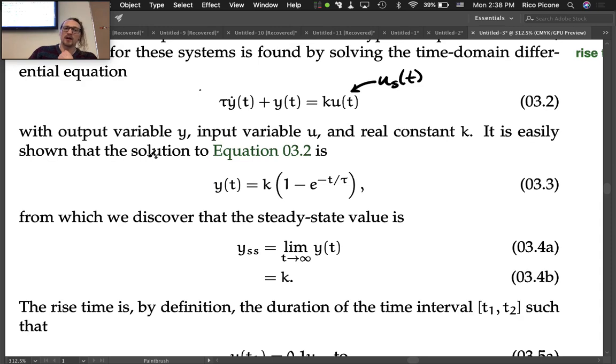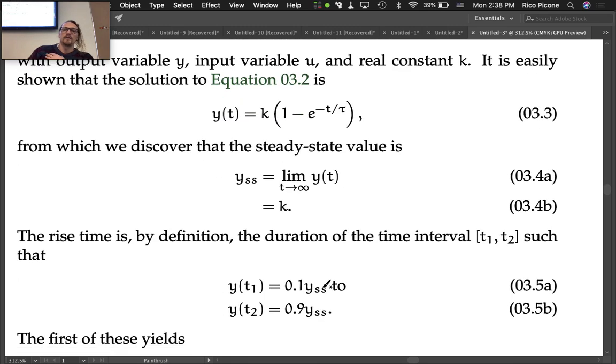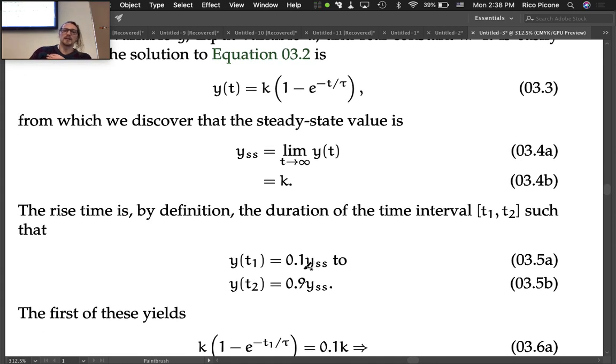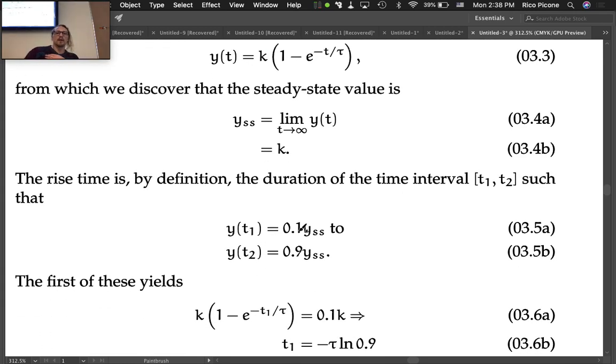It is easily shown that the solution to this equation is given here, where k is the scaling factor on the step function. From which we discover that the steady state value is just whatever it is that scales the input. The rise time is, by definition, the duration of the time interval t1 to t2, such that y of t1 is 10% of the steady state and y of t2 is 90% of the steady state value.